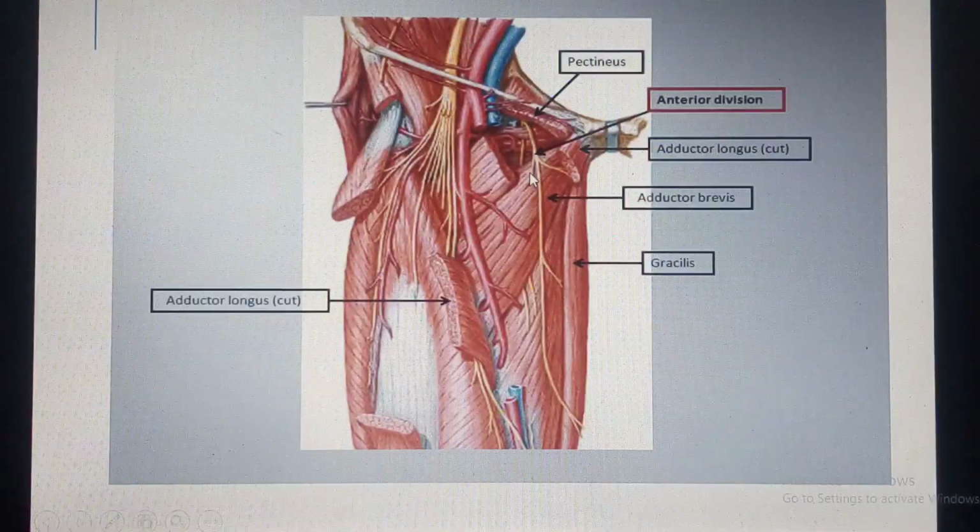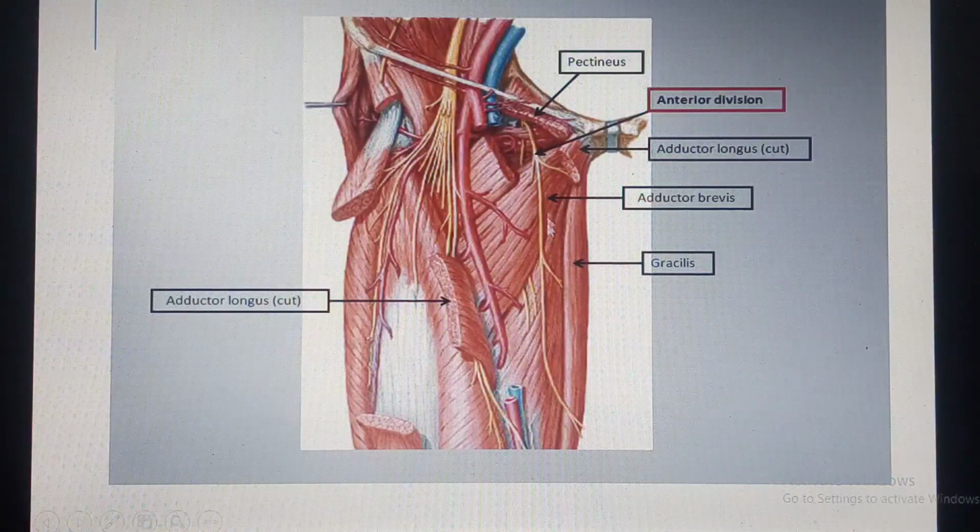Of course, in the pelvic region, it will run on the lateral aspect of the pelvic wall, and then it bifurcates and gives us the anterior division and the posterior division.